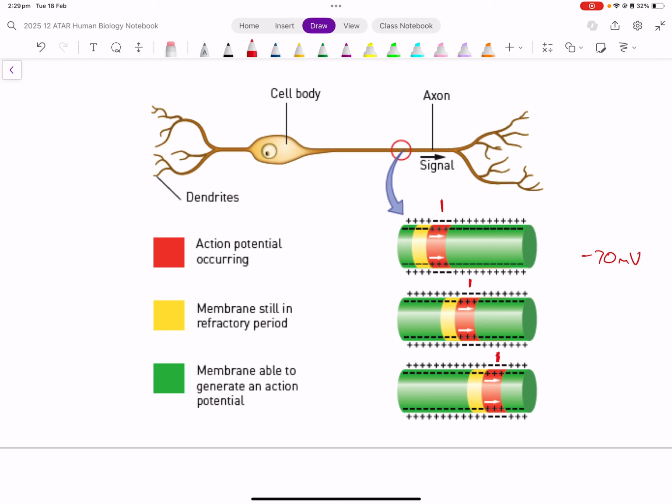Now, we can see here that there is this change. Maybe I won't use my red pen here. We'll switch that for a yellow pen. We can see that the membrane potential has flipped due to the rapid influx of sodium into the cell, making the inside of the cell membrane more positive relative to the outside. This then causes a little bit of change in the next portion of the membrane.